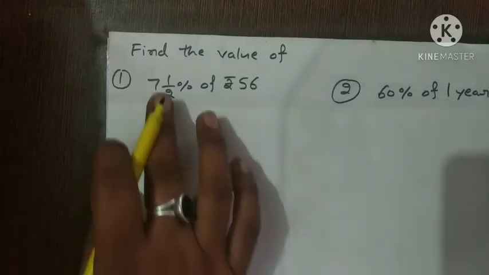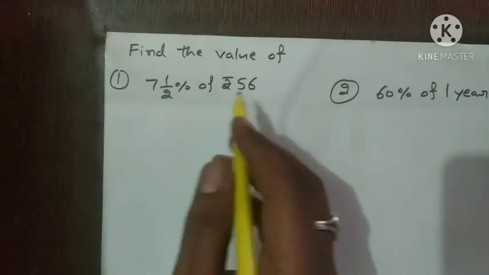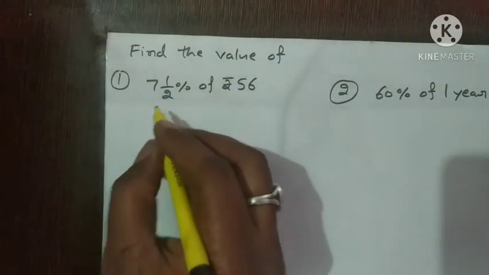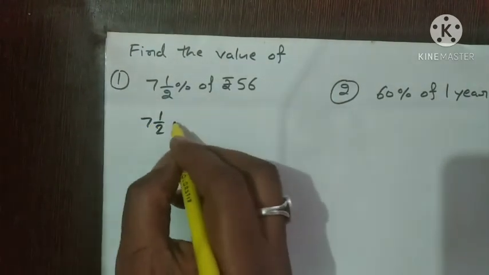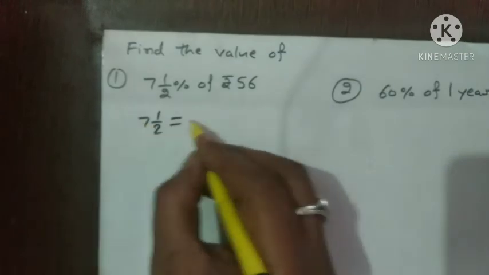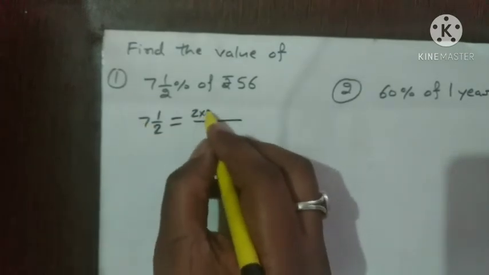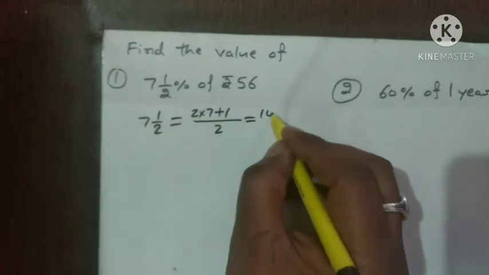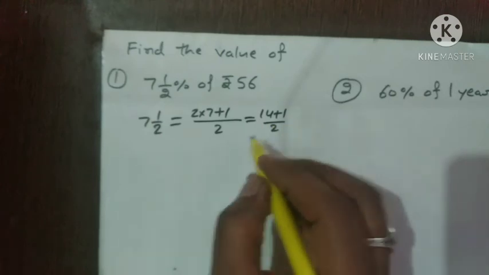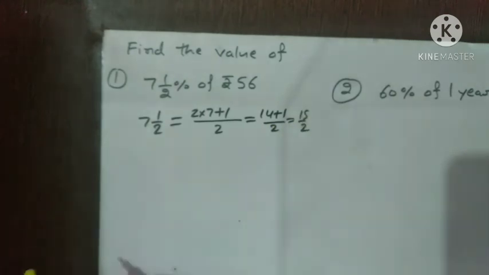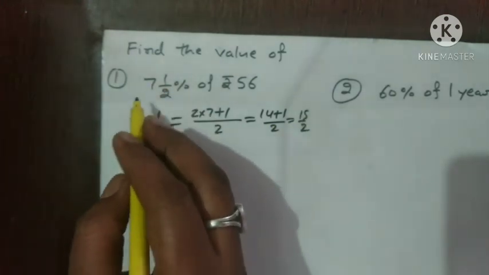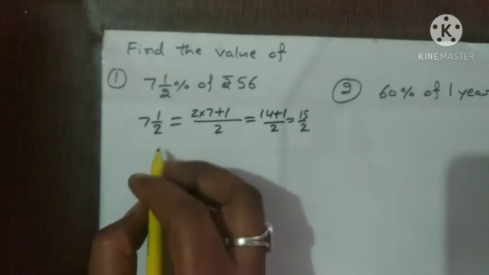Now here you see this is 7.5% of rupees 56. So what is the meaning of 7.5? 2 multiplied by 7 plus 1. So 14 plus 1 by 2, that is 15 by 2. So in place of 7.5 I can write 15 over 2.